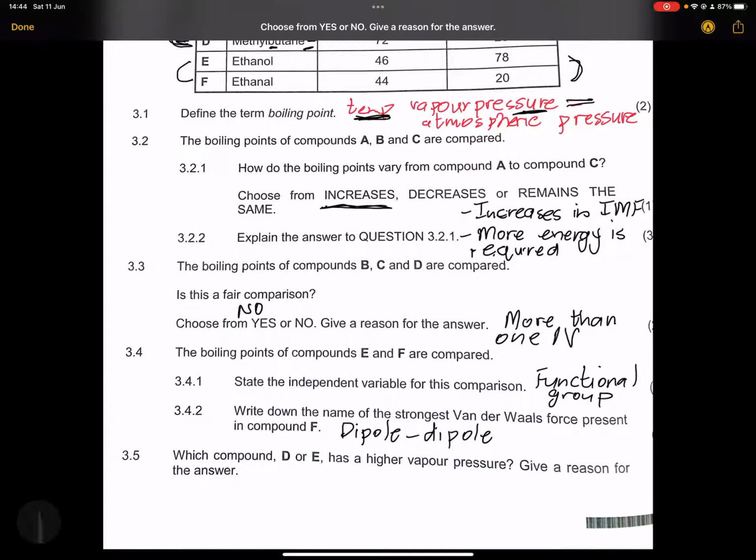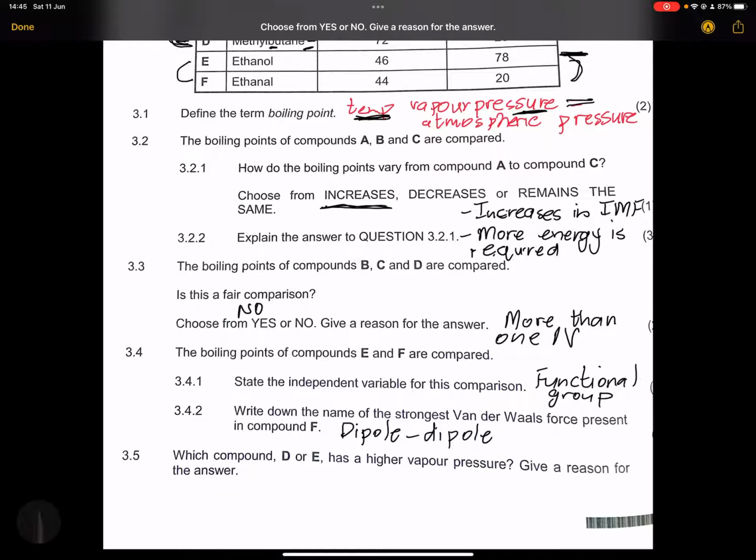And then they say which compound, D and E, has a higher vapor pressure. Now remember that the stronger the intermolecular forces, the higher the boiling point, the lower the vapor pressure. So in this case, if I look at the two, ethanol has got a higher boiling point. It means it's got stronger intermolecular forces, right?